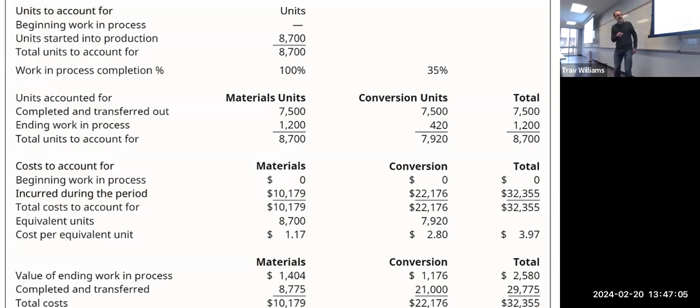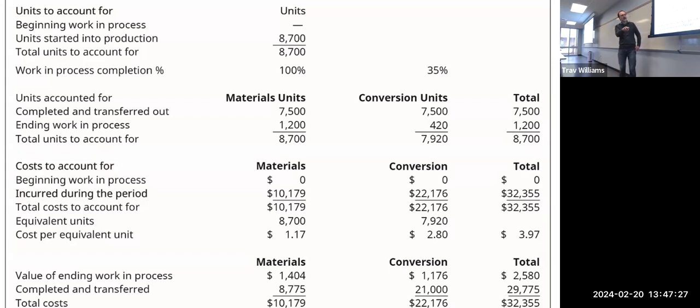Now, if you said, okay, we've got 8,700 equivalent units for conversion in the total column, so let's divide that into our total cost. Don't do that. It's not going to give you this number, okay?